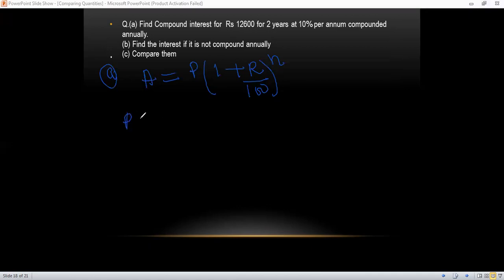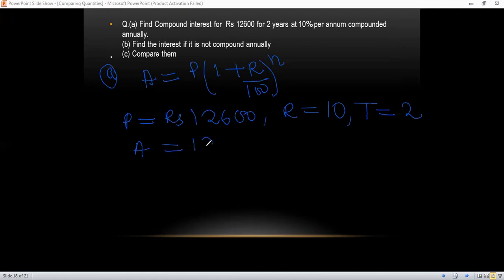The principal is given over here, that is rupees 12,600, and the rate is given as 10, and t is given as 2. So simply we will apply the formula, 1 plus 10 upon 100 to the power 2. So solve it.